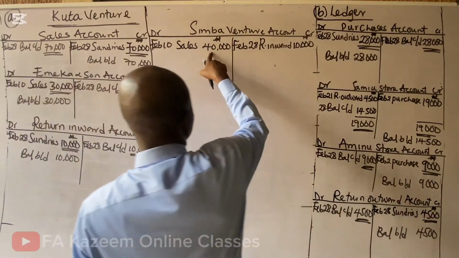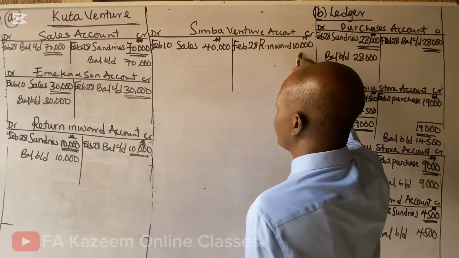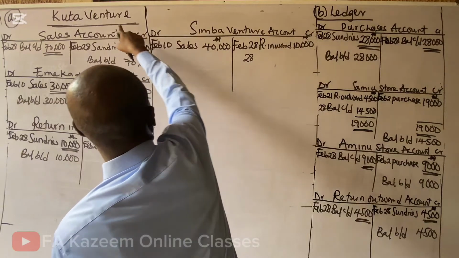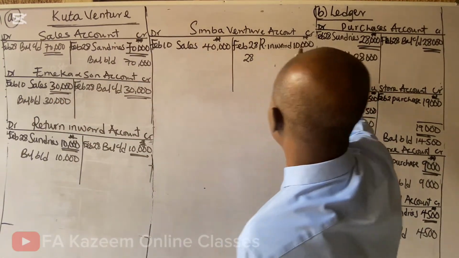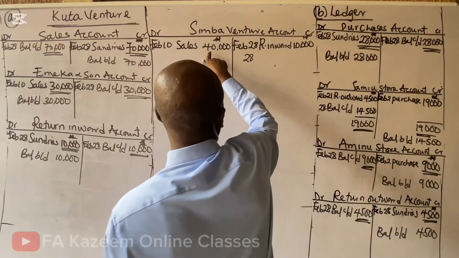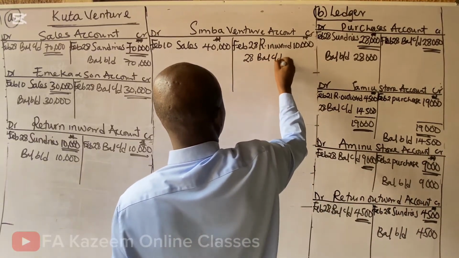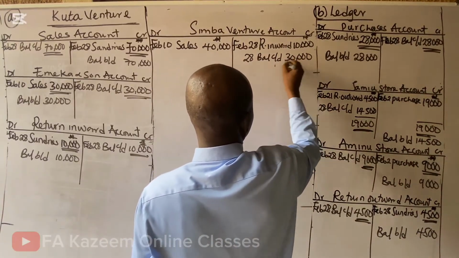For Simba, they sold goods of 40,000 to Simba, and Simba has returned 10,000 out of it. It means if Kunta Venture sold goods of 40,000 to Simba, and Simba has returned 10,000, we are going to say 40,000 minus 10,000, and that will be our balance carried down. 40,000 minus 10,000, we have 30,000.